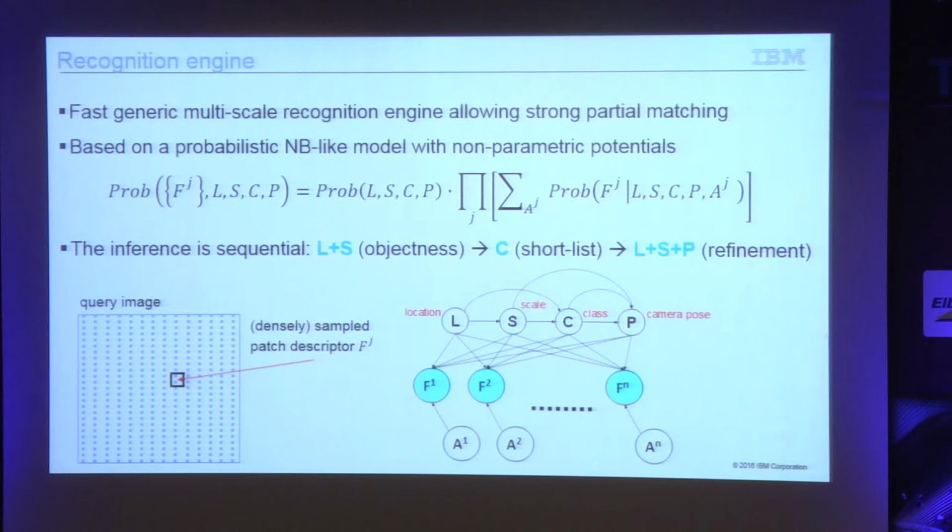Then, based on the received hypothesis, we compute the short list of possible classes for each candidate, and then do the refinement step where we fix the class and re-estimate the location, scale and, where applicable, the camera pose variable with respect to the estimated class.